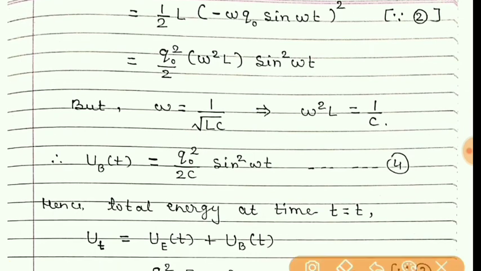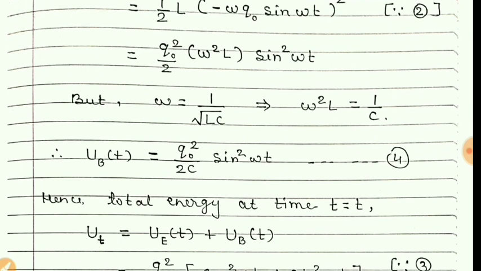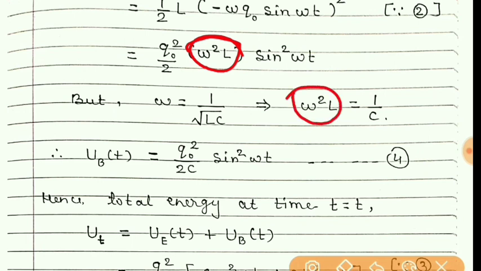Now we know that omega is equal to 1 upon root of LC, and from this equation we get omega square L is equal to 1 by C. So first of all, you have to square on both the sides, and then you have to get this equation. So you will easily get omega square L is equal to 1 by C. Here you can see there is a term related to omega square L. So in place of omega square L, we are going to put this 1 by C here.